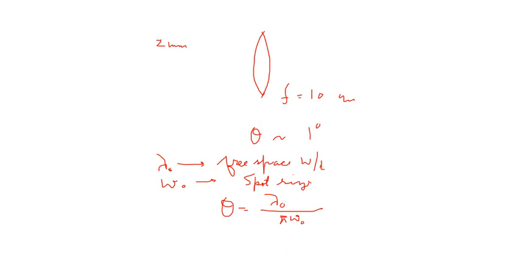For a typical spot size of 1 millimeter and wavelength of 0.6 micrometer, the divergence angle is of the order of 0.01.